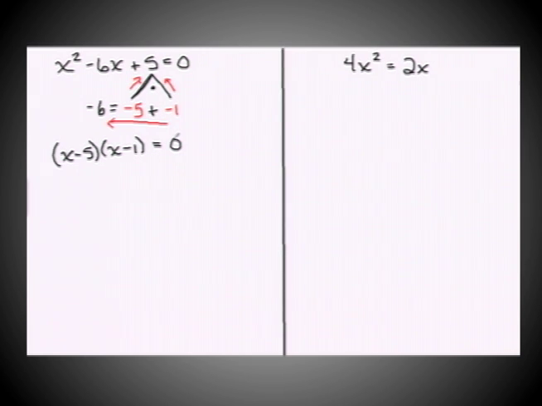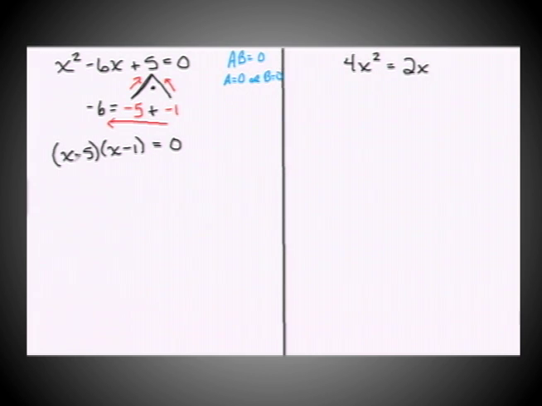Well, since this is an equation that we're solving and not just an expression that we're factoring, we have to apply the zero product principle at this point. Let me just remind you that the zero product principle says if you're multiplying things together that equal 0, then one of those factors had to be equal to 0.